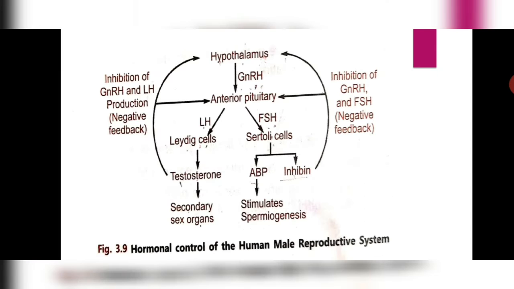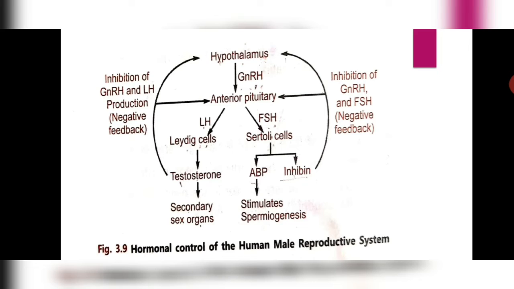Now, the production of sperms is under the hormonal control. How is it controlled? The hypothalamus releases gonadotrophin releasing hormone and in turn activates the anterior pituitary to secrete two very important hormones, the follicle stimulating hormone and the luteinizing hormone.